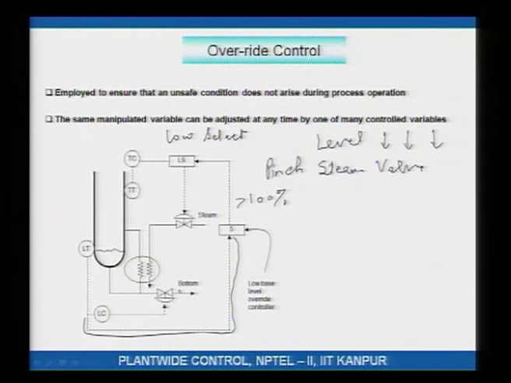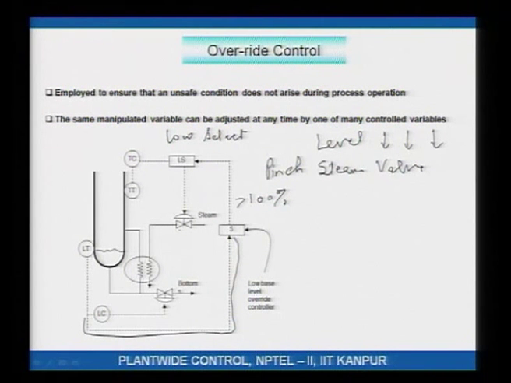Now, if level goes below 20%, this signal will go below 100%. If level continues to go down, then this signal ultimately will become less than this signal, and the low select will now start sending this signal to the steam valve.